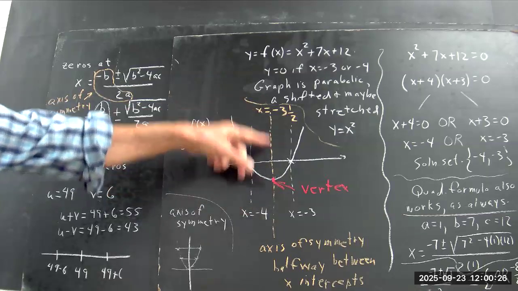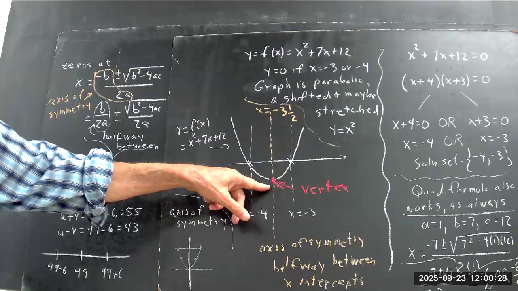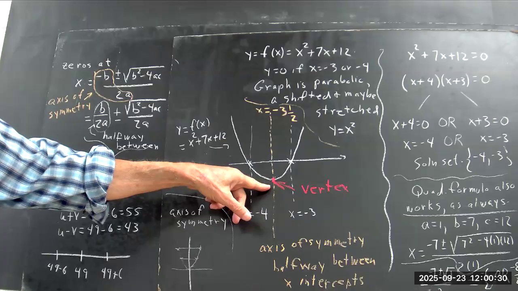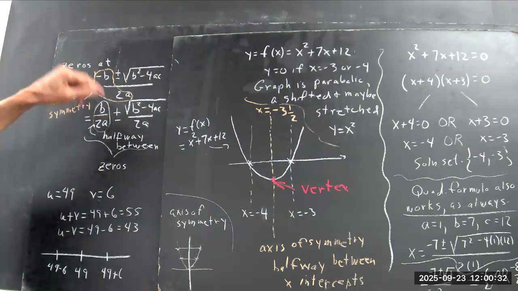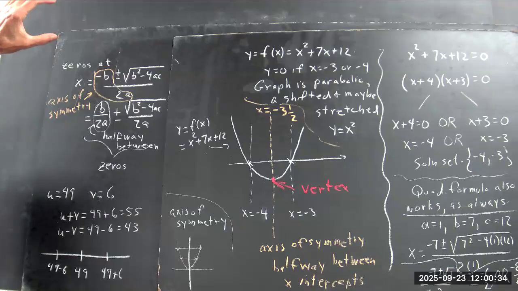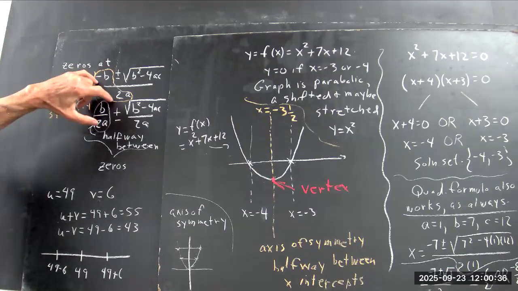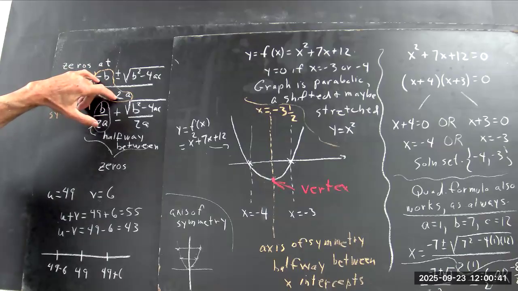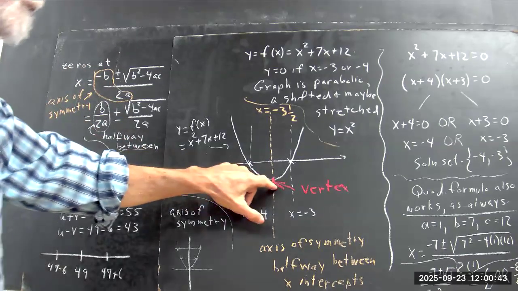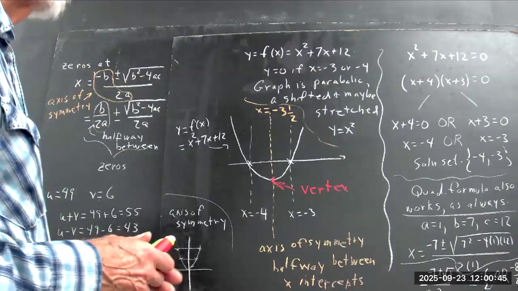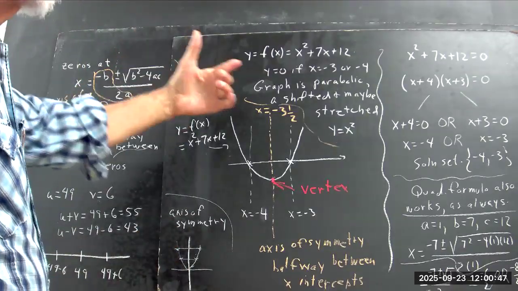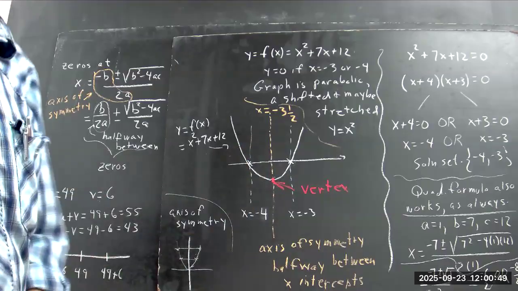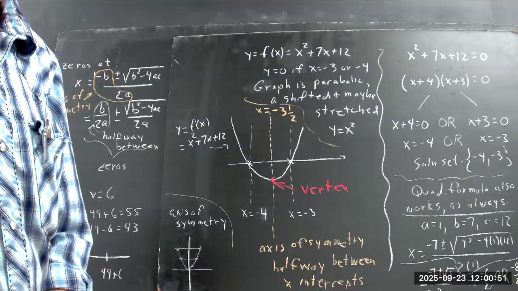In this case, you know the x-coordinate's 3.5, right? So whenever you have a quadratic function, your quadratic formula hides the x coordinate of your axis of symmetry, and it's not all that well hidden. It's kind of right there where you can see it. To find the y coordinate, you just plug the x coordinate in, and then you have the coordinates of your vertex.